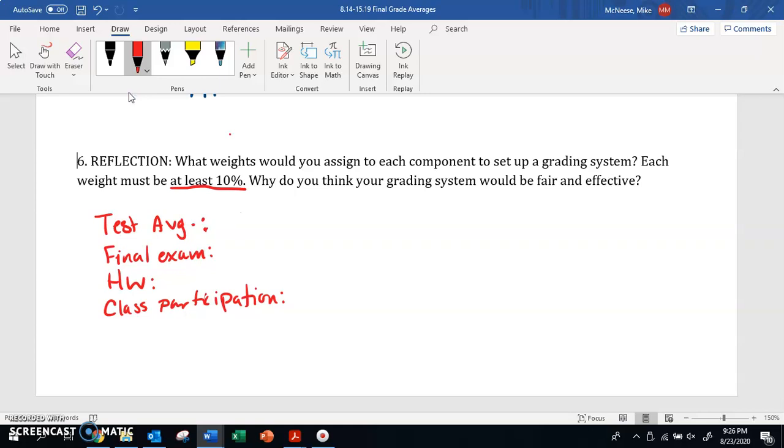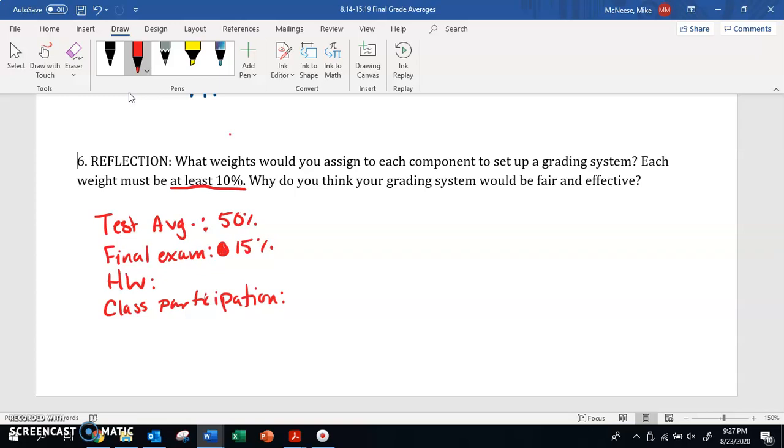So like test average, those are pretty big items. So I would say 50% of your grade is predicated on your testing average. Final exam, though a final exam is important and it covers a lot of material, I don't think that it should be as heavy as test average because it's just a one-time thing. You take it once for the year and you're done. Testing average is for the entire school year. So because of that, I'm going to say that the final exam is only worth 15% of your final grade.